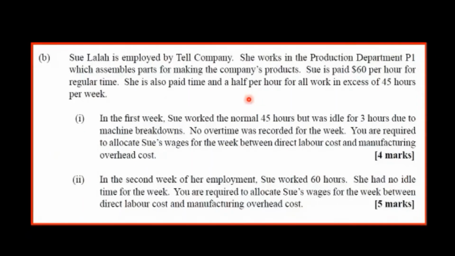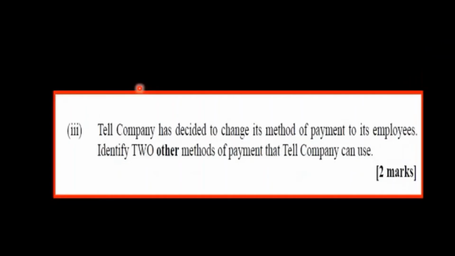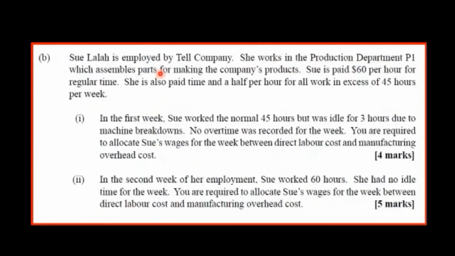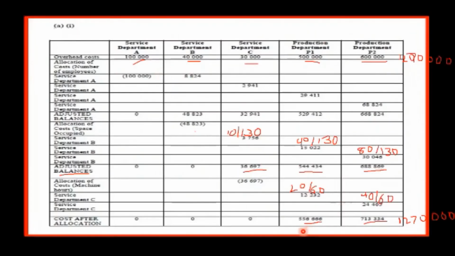All right. Part B. This here is supposed to come first, where you calculate the predetermined overhead rates. We take the amount that we get from the production departments down here, and we divide it by the machine hours.